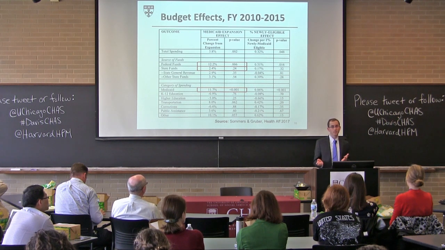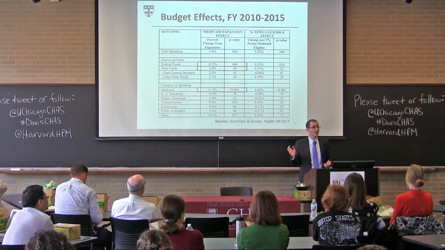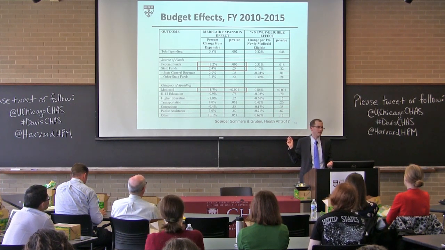For instance, we know that in some states, they've eliminated or scaled down their programs for the medically needy, where they were typically paying 50% of the cost, because now that population can just sign up for the ACA and get 100% reimbursement. So that's an offset that wouldn't show up here, or at least we wouldn't separately identify it. It's just part of the overall Medicaid budget.